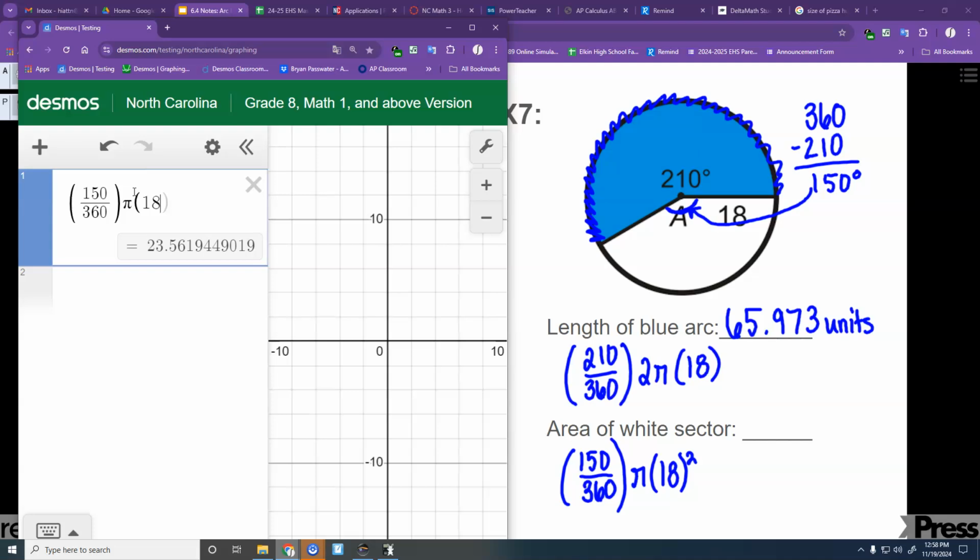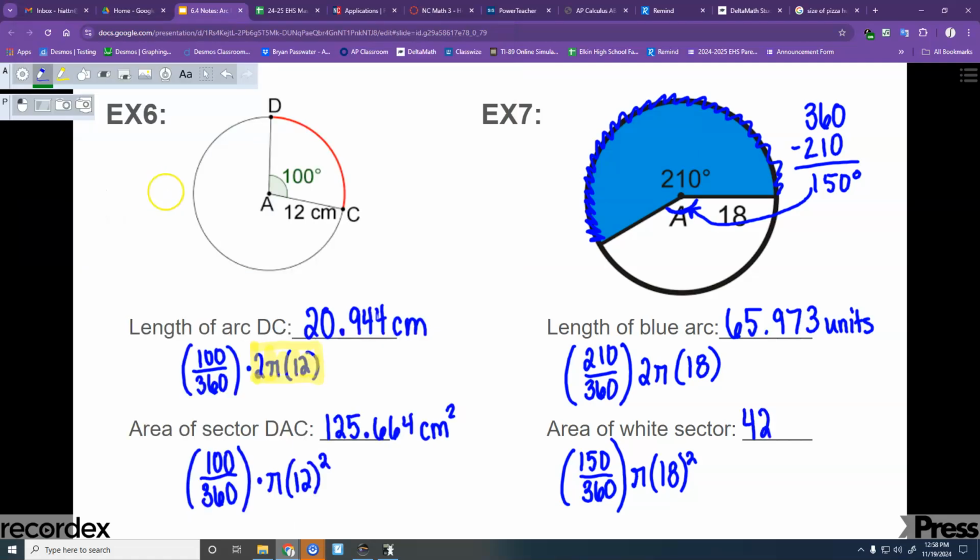Pi times 18 squared, and we are getting 424.115. So 424.115 units squared.